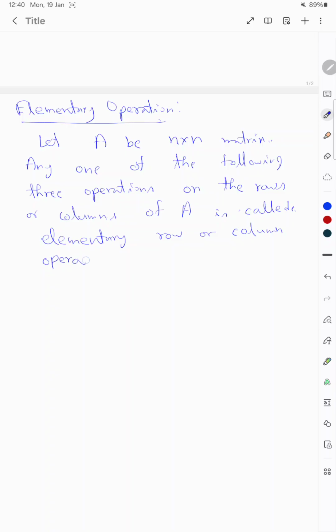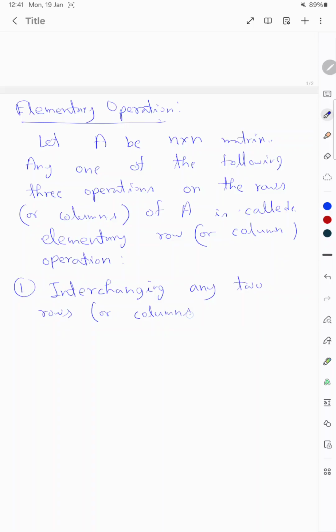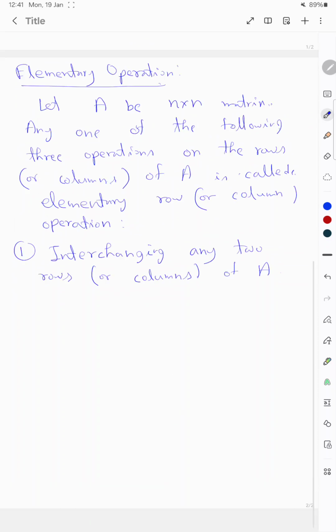So what are the types of operation? First one, interchanging any two rows or columns of A. This is one type.